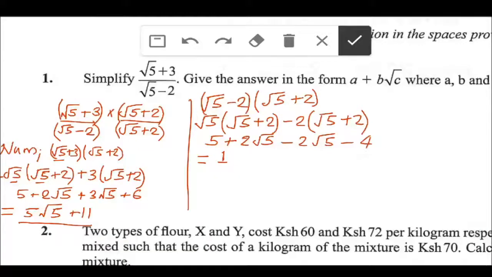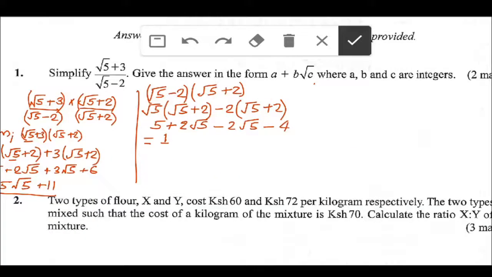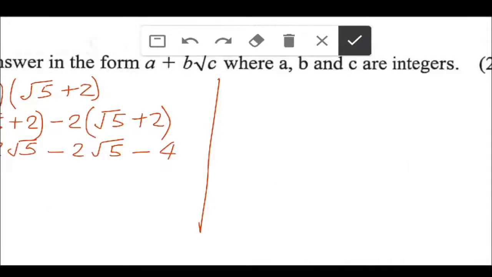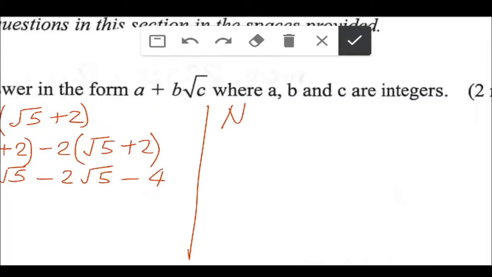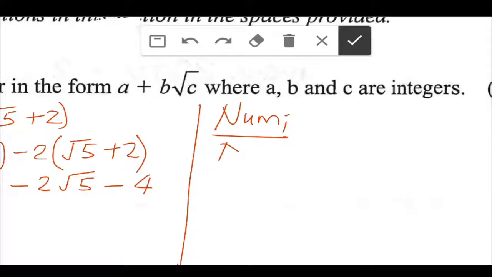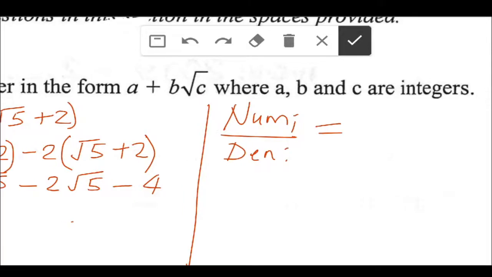Now the last thing is the numerator over the denominator, and we have the answers for both.